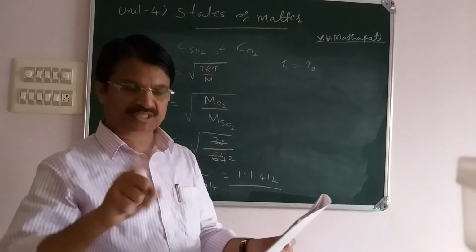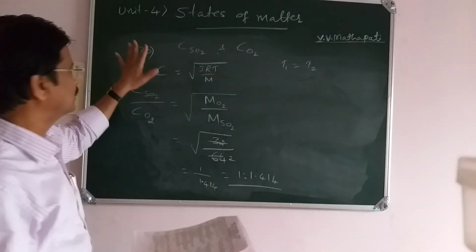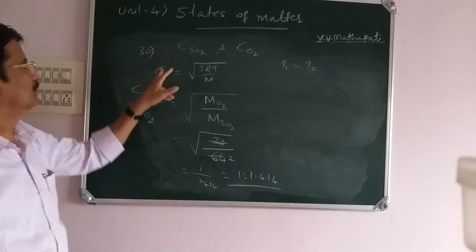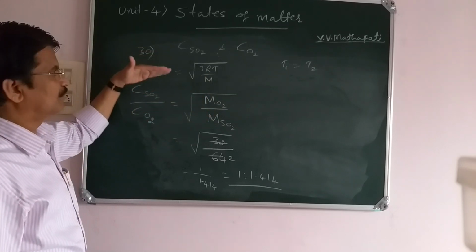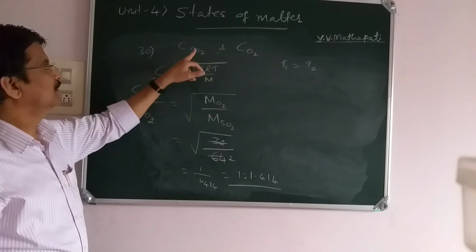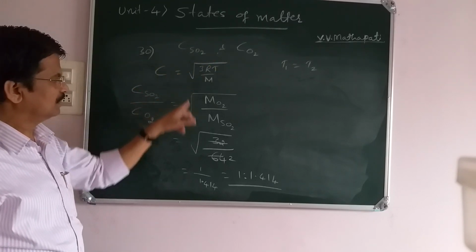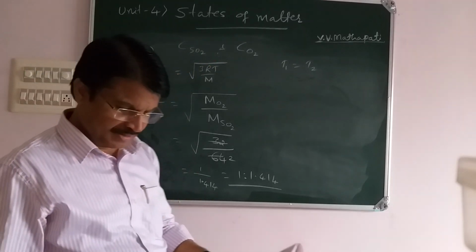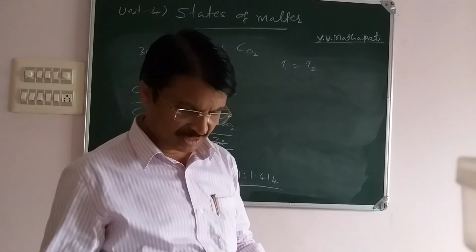Answer 1 is to 1.4. This method is correct. First I used the formula C equal to root 3RT by M and converted it to calculate the RMSV of SO2 and O2 ratio using the relationship. That same type of question, but the values may differ, temperature may be given.